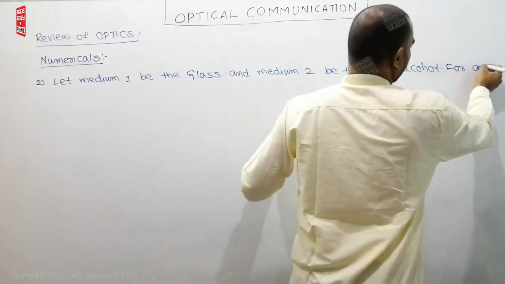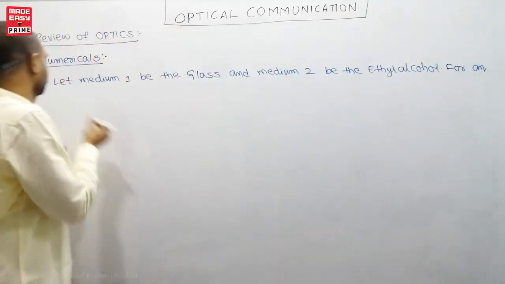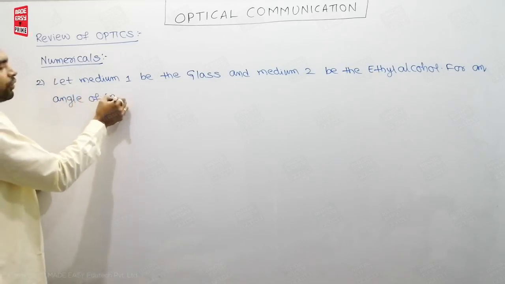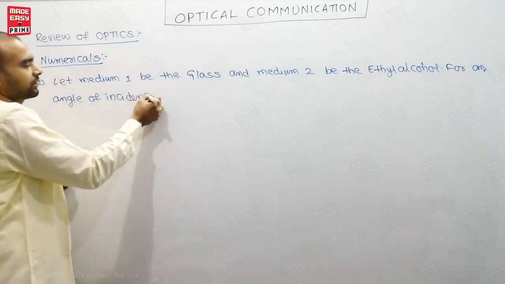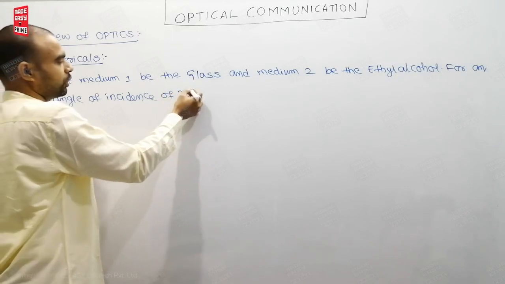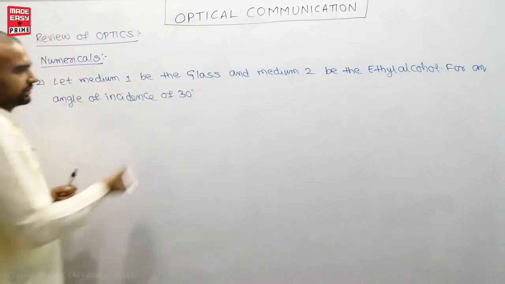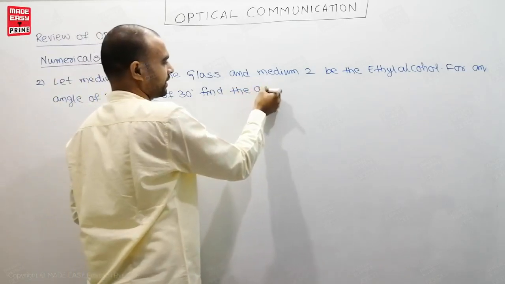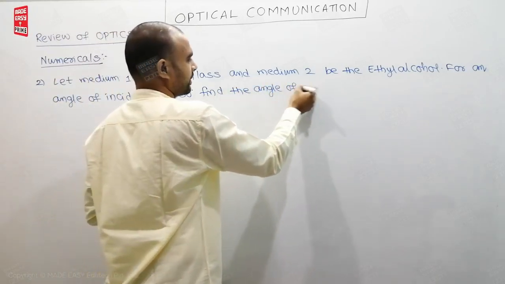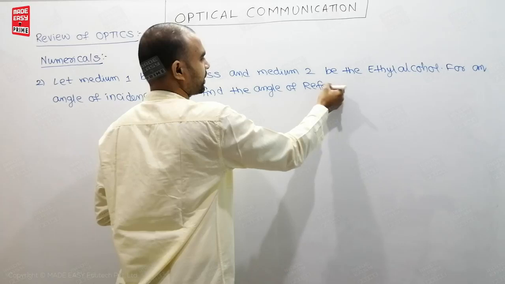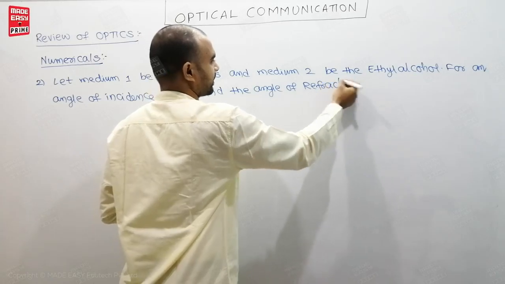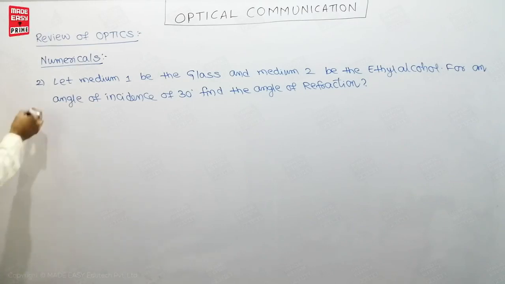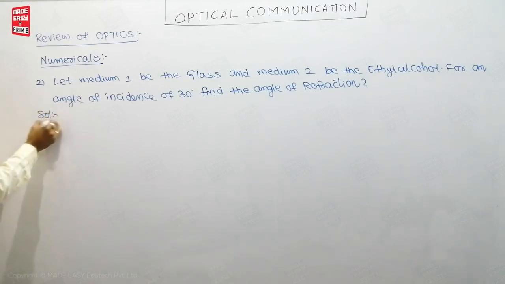For an angle of incidence of 30 degrees, find the angle of refraction.